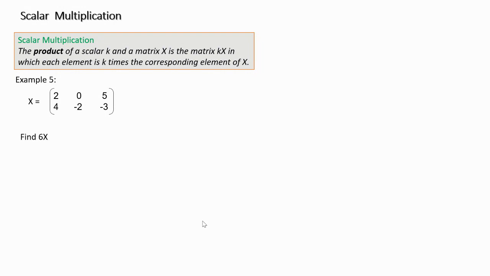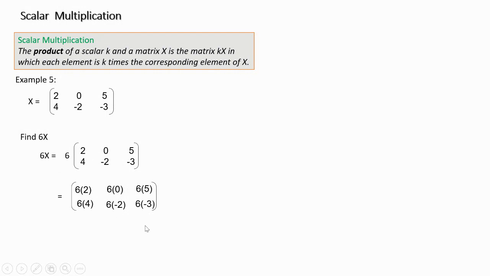Okay, for example 5, matrix X is given, and it's a 2 by 3 matrix. We have 2, 0, 5, 4, negative 2, and negative 3. So 6 times matrix X: we're going to multiply the scalar times every element in matrix X. So it's going to be 6 times 2, 6 times 0, 6 times 5, 6 times 4, 6 times negative 2, and finally 6 times negative 3.